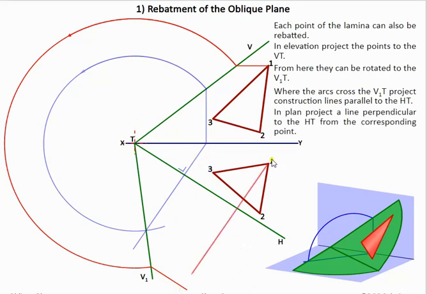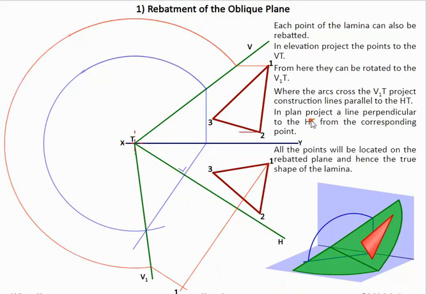What we're able to do then is point 1 is brought 90 degrees through the horizontal trace, because imagine if it's hinged up here, it's going to go through this horizontal trace at 90 degrees, and this is point 1 established. Now if we look at another point, we take point 2, bring it across horizontally, rotate it around, then bring it back, and then point 2 is brought out.